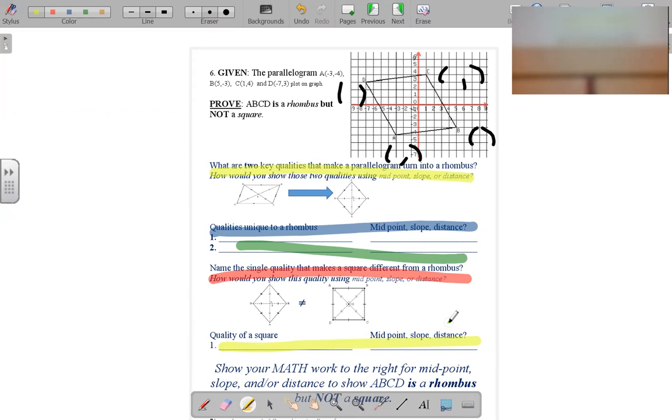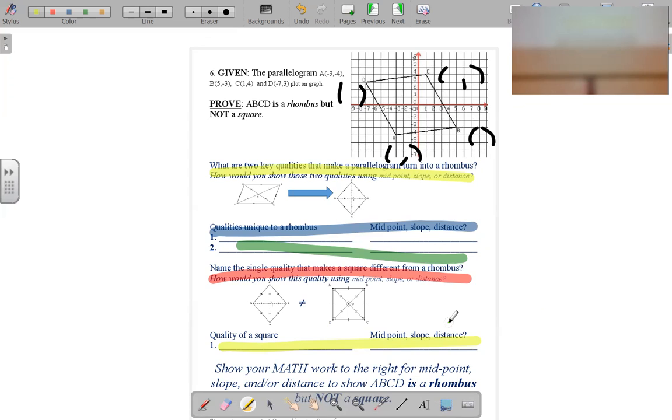You're on number 7. Plotted on the graph, A is a rhombus with... Yeah, so ask yourself, what makes a rhombus a rhombus? 4 sides, that's number 1.